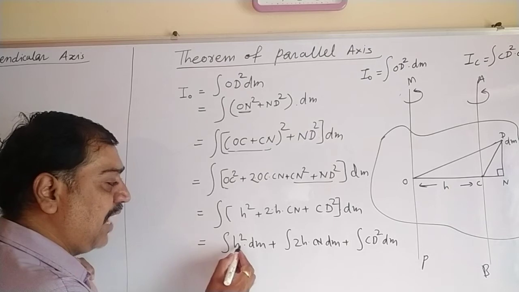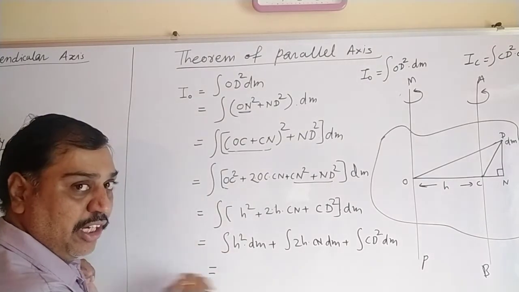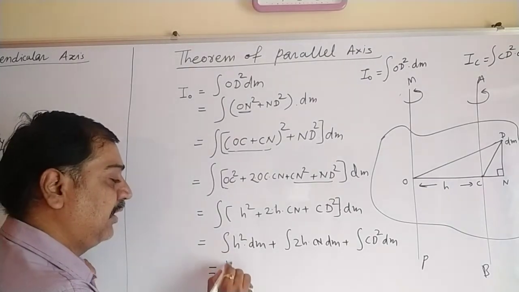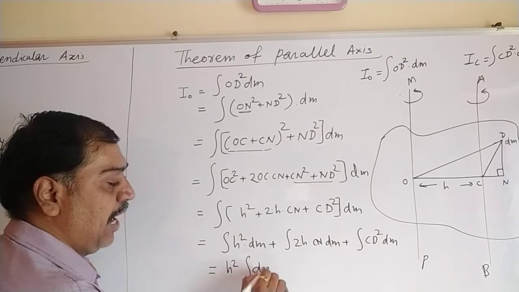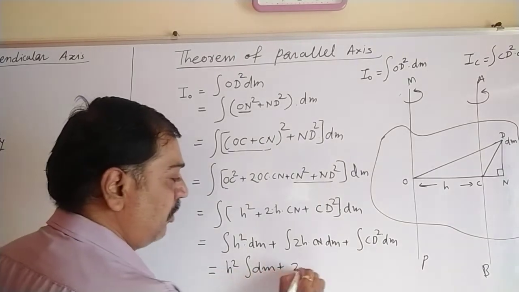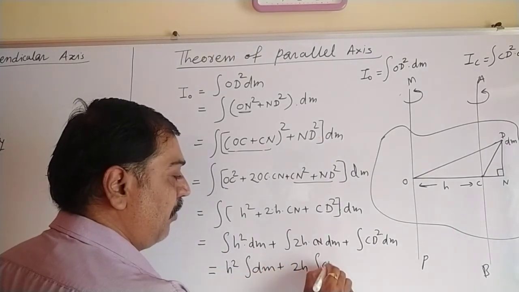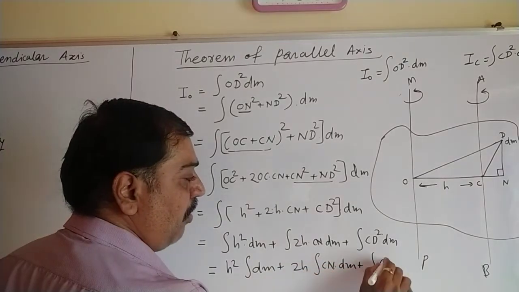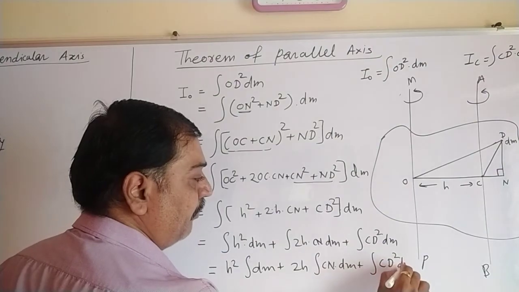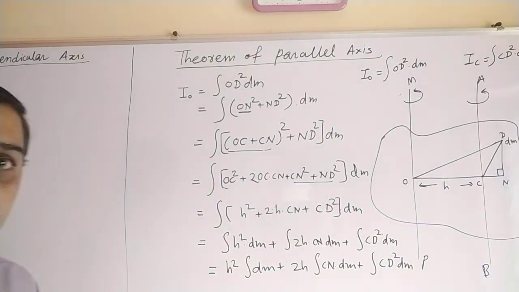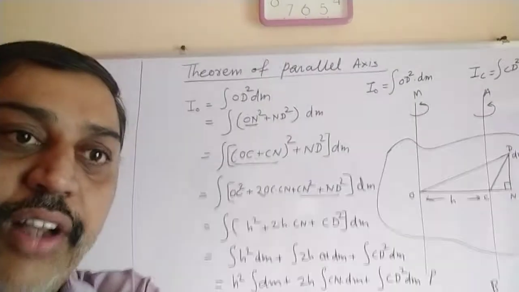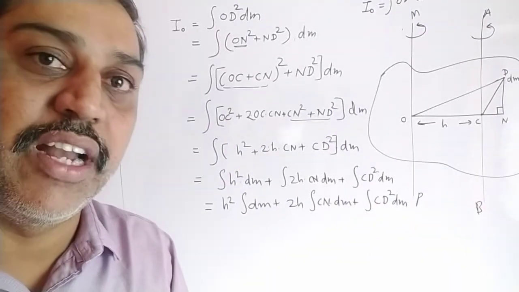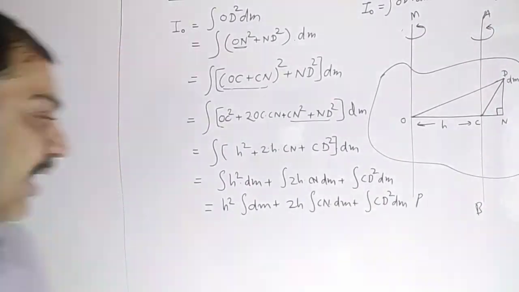We can take h square outside because h is constant here. So you can write this as h square integration of dm plus twice h integration of CN into dm plus integration of CD square dm. Now put the values and solve the equation.